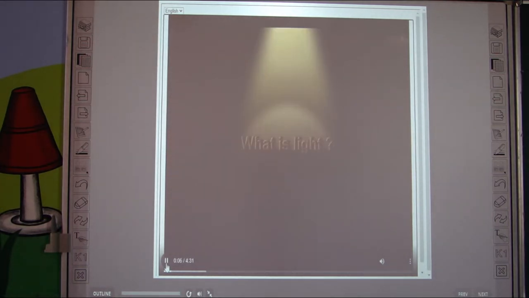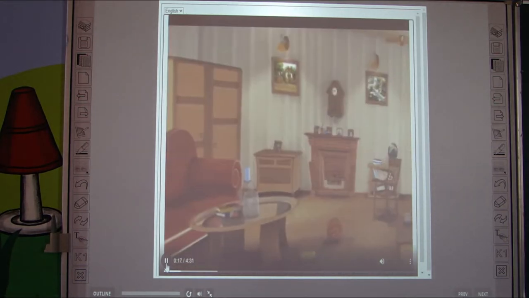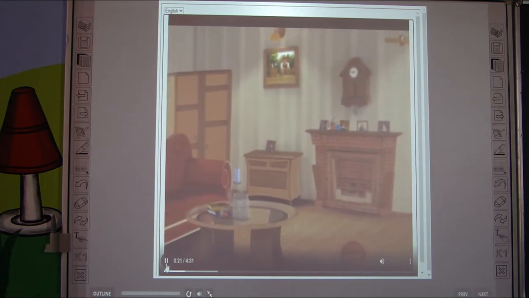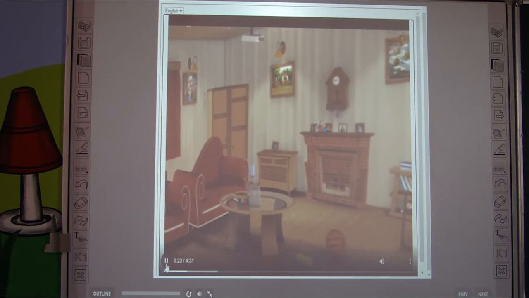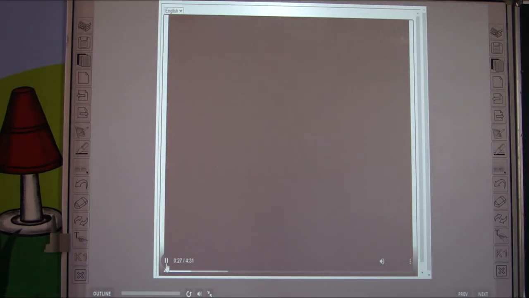What is light? In a dark room, we are unable to see anything. But in a bright room, we are able to see everything around us. Light is a form of energy which makes things visible. Do you know where we get light from?